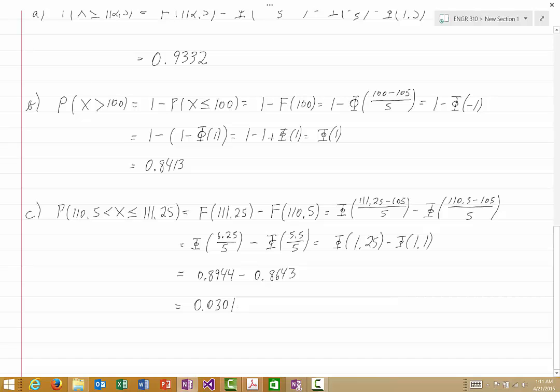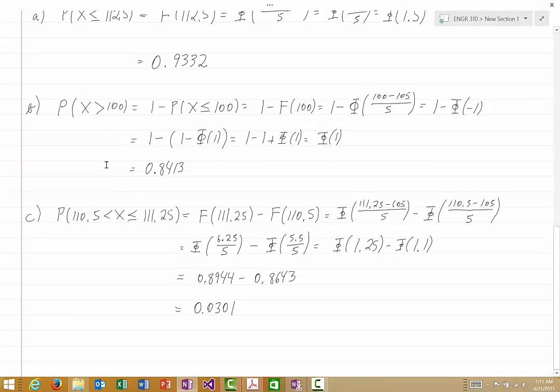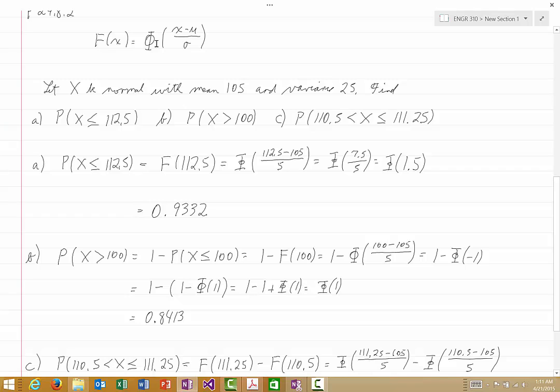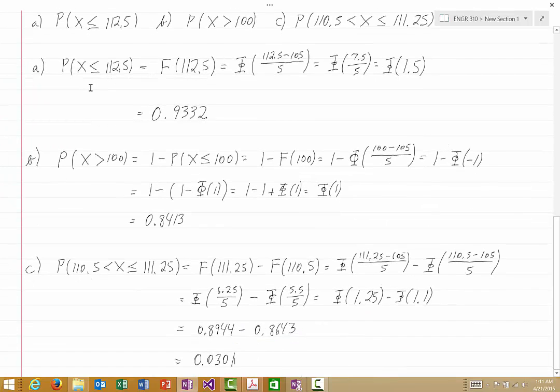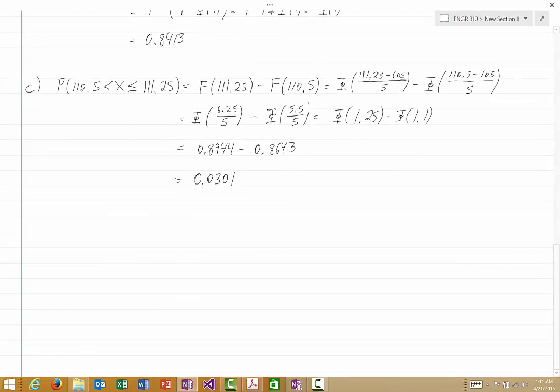So once you know how to use these tables, and keep in mind this definition of how phi is related to capital F, this problem is really very straightforward.